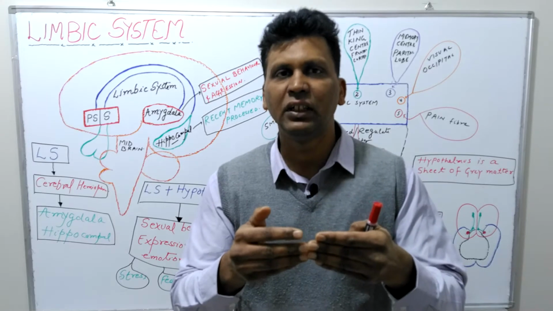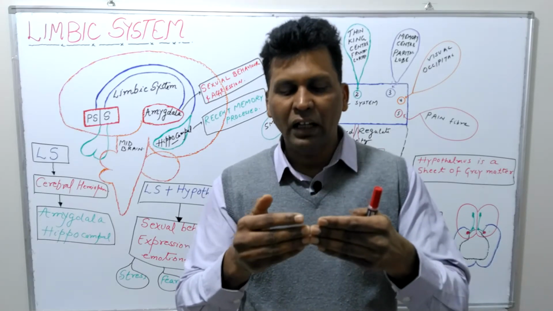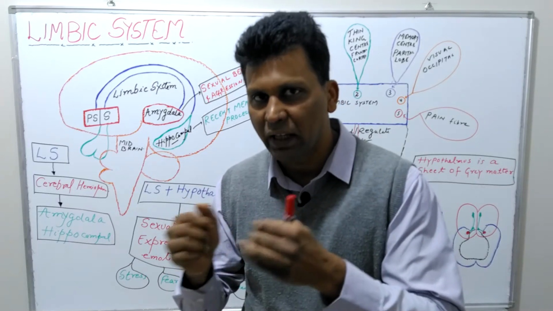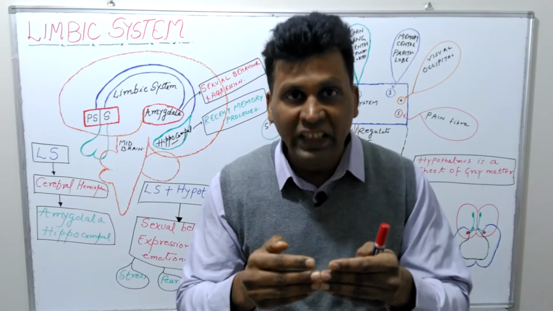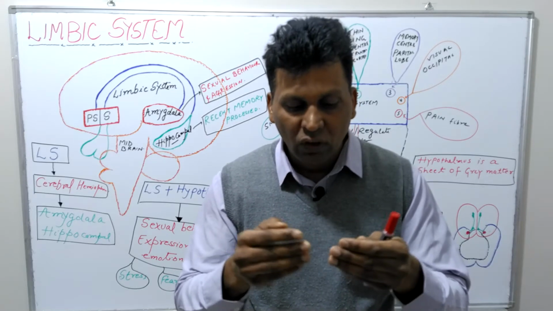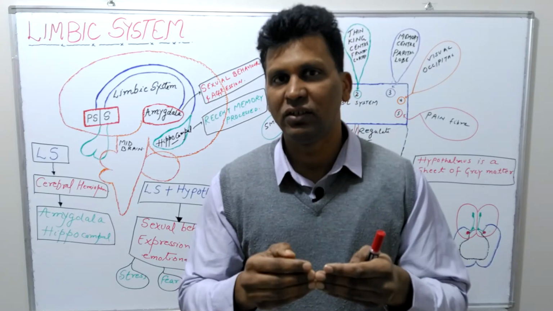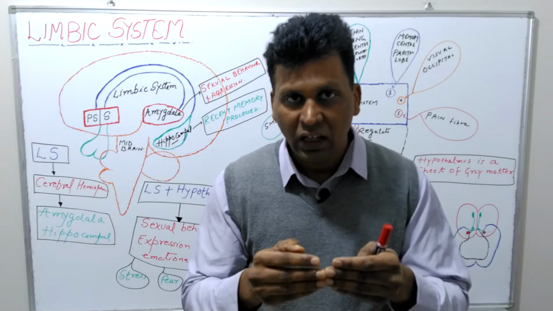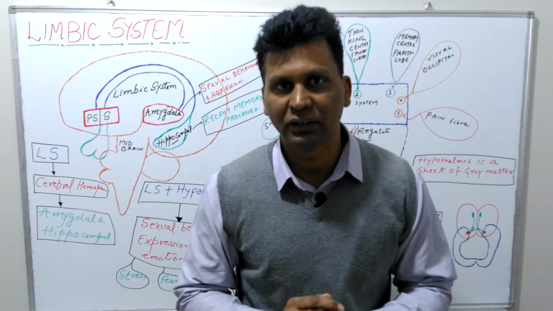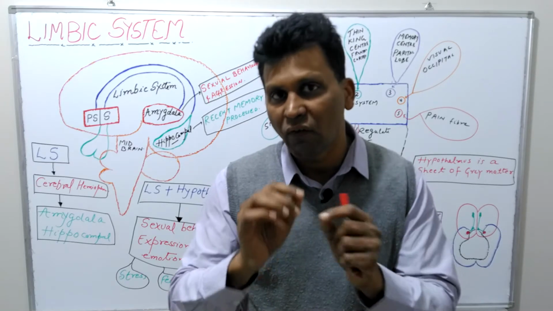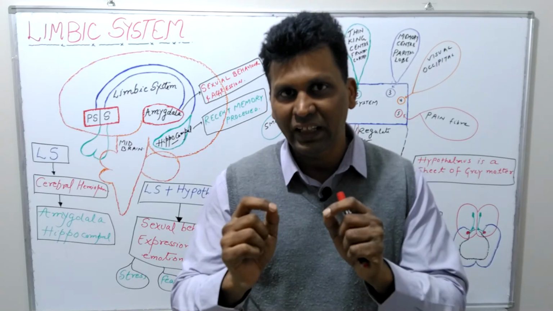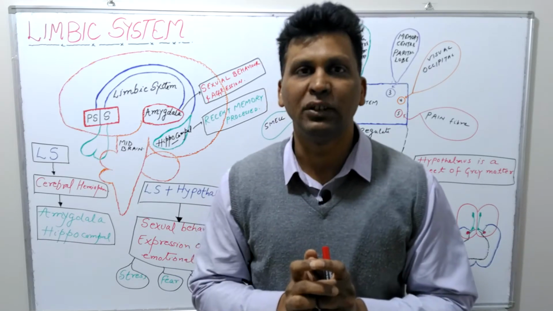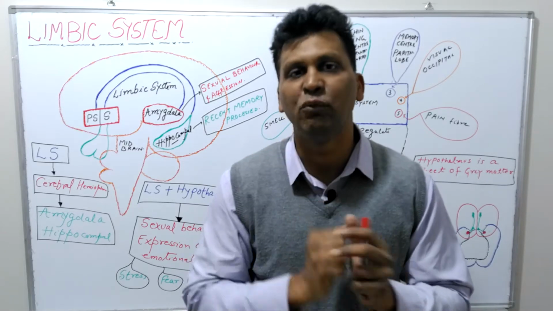First of all, we will study what the limbic system is, how different areas of the brain are associated with it, and how it is connected with the hypothalamus. We know the role of the hypothalamus, so we will see how the limbic system deals with and regulates the hypothalamus.